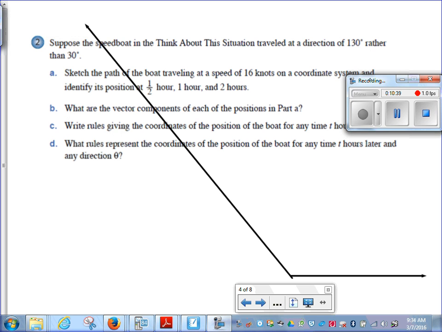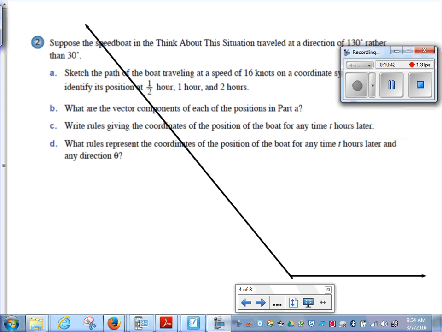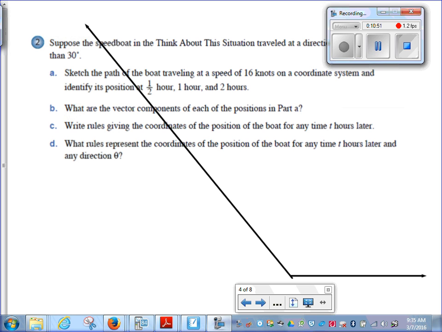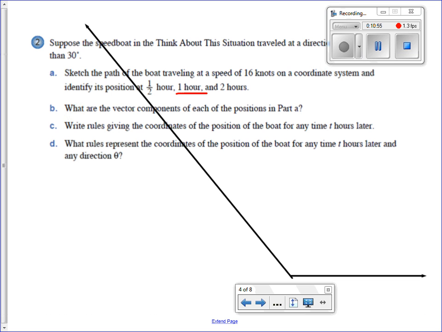Sketch the path of the boat traveling at a speed of 16 knots on a coordinate system and identify its position at a half hour, 1 hour, and 2 hours. Let's start with 1 hour. If he's traveling at 16 knots, 1 hour would be a total of 16 nautical miles.